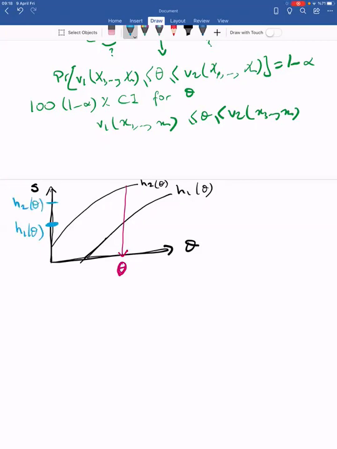We know that our s, the observed value, is somewhere between.